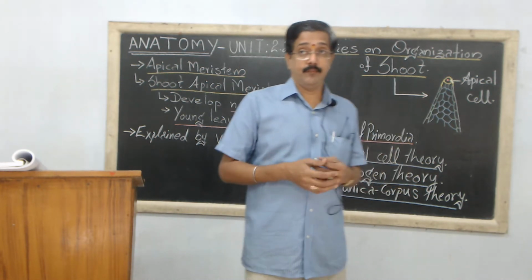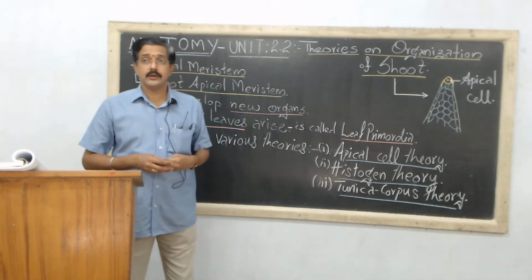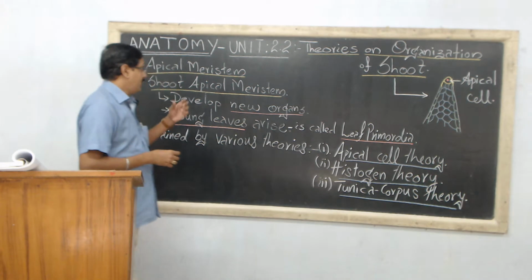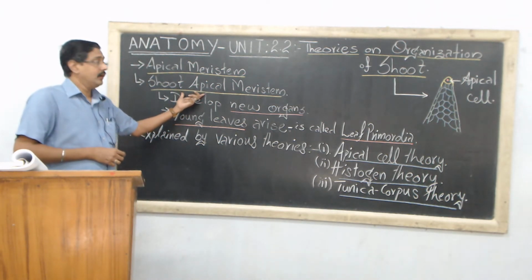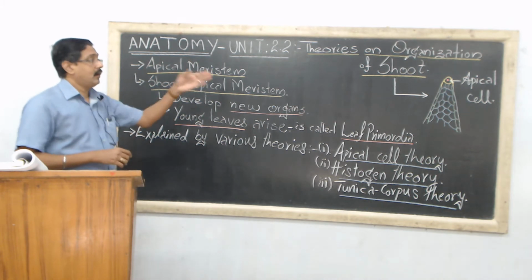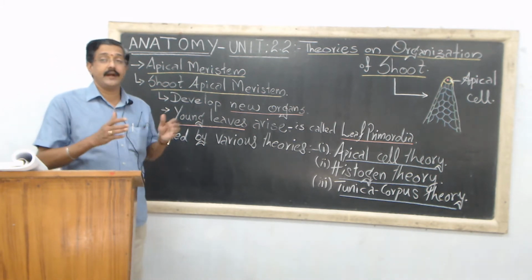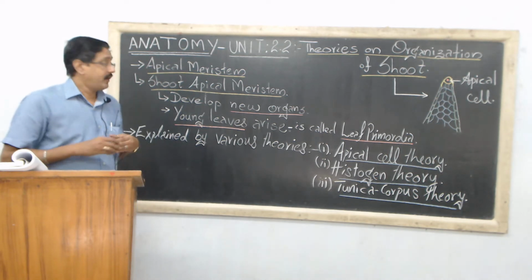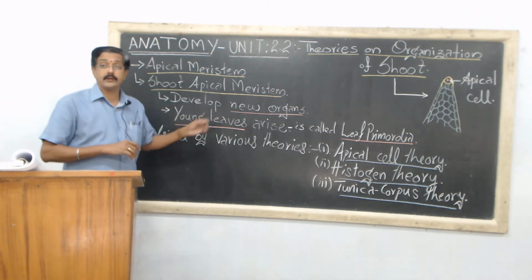The shoot system. So the elongation of the shoot is concerned with the formation of shoot apical meristem. Here in this organization means how the apical meristem is getting organized into different forms and develops new organs.